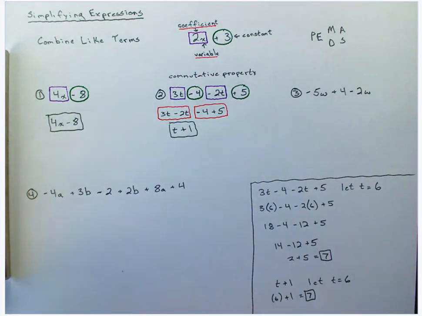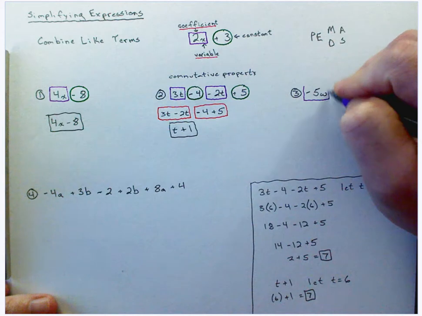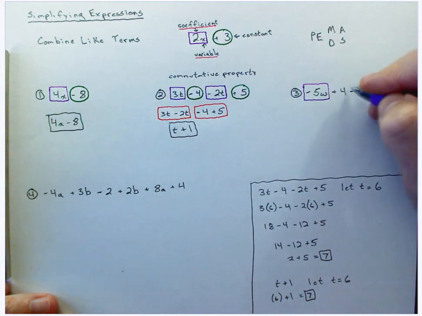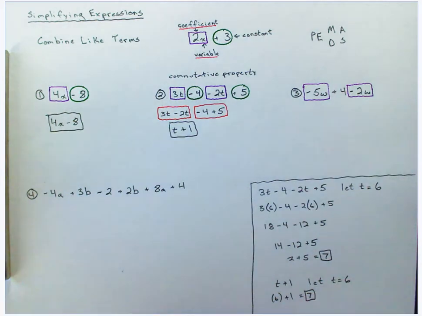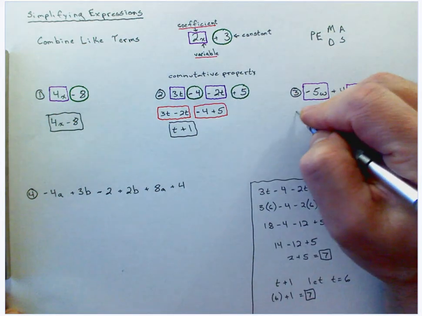Number 3, I will use a purple box around my terms that contain the variable w to include the sign in front of the term. And just to show you, there's only one constant. I don't need to do anything around it. It stands out on its own. I'll use the commutative property to rewrite.